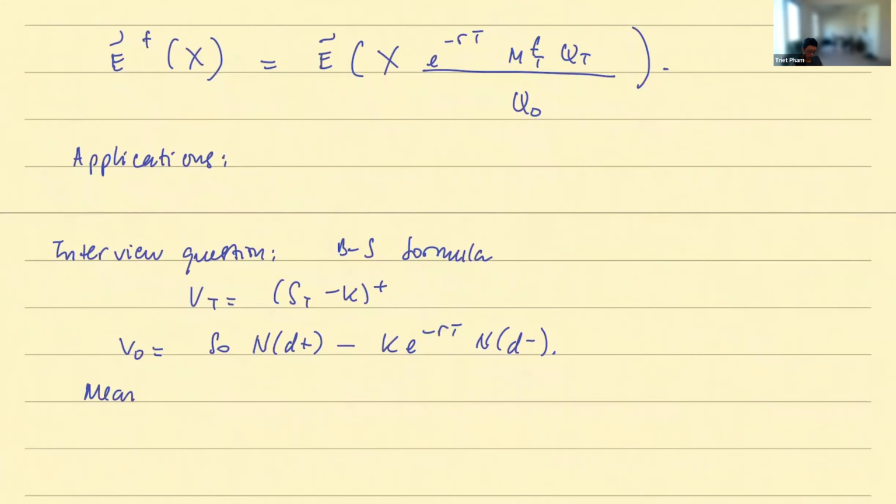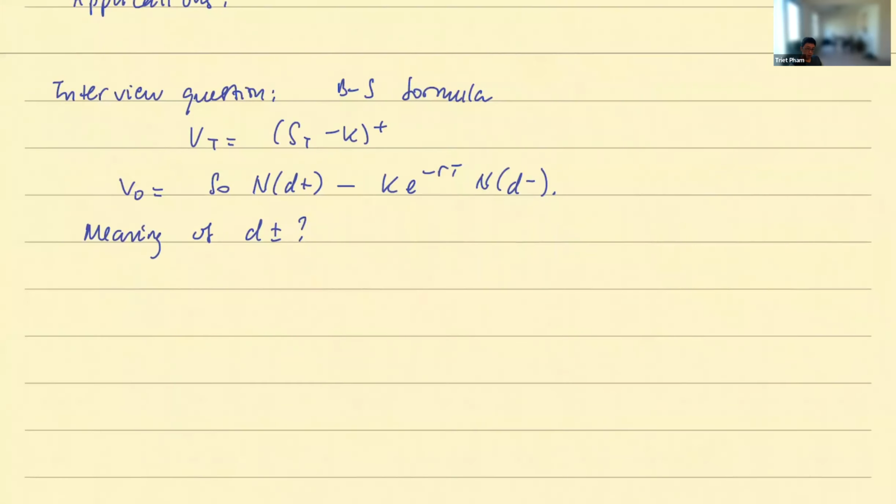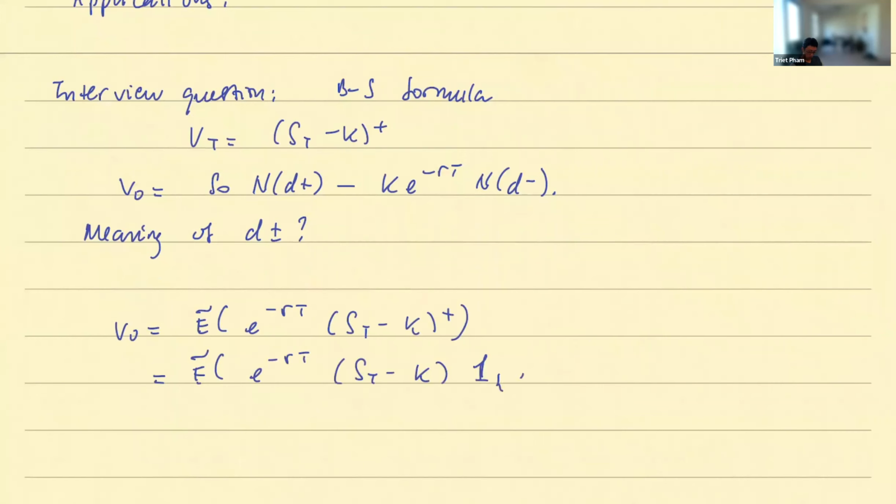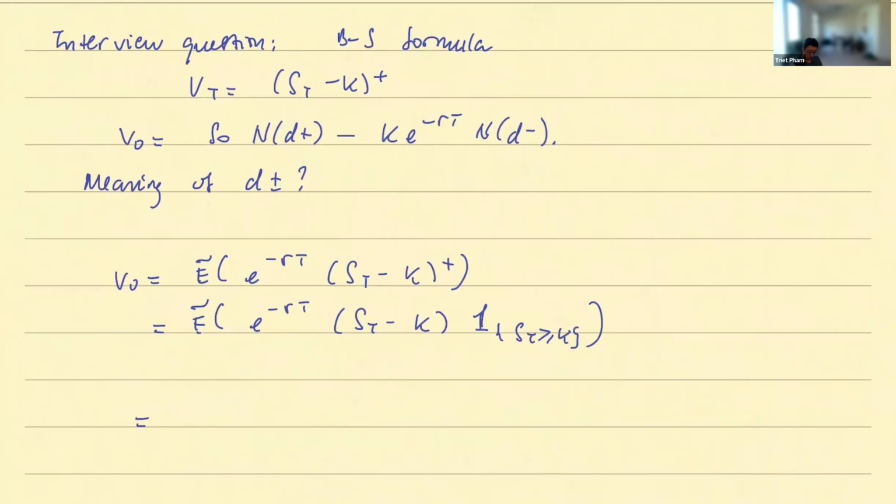Then they ask you the meaning of d plus and minus. Remember that V0 by risk neutral pricing is like this, which is equal to this.